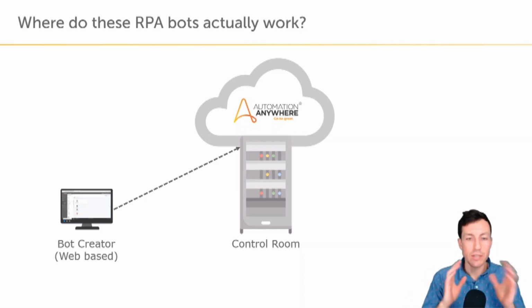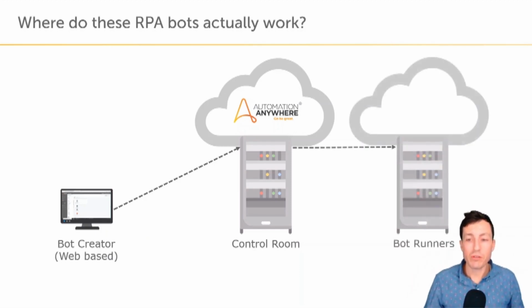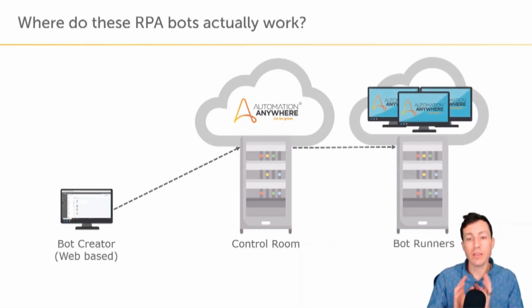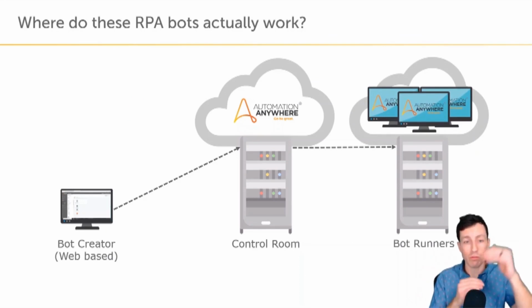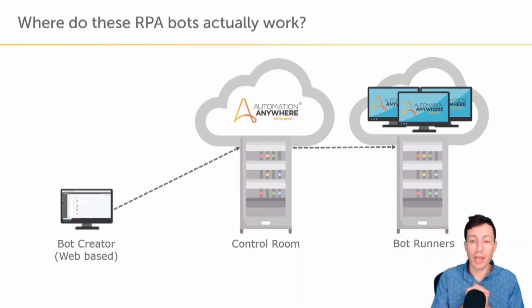Those bots would technically be uploaded and live on our control room. From the control room, we can engage to send those bots to our different bot runners. Now, a bot runner is where the RPA code is actually going to execute. So when we think back of that example with a room full of robots sitting and typing, what's really happening is we have these virtual desktops or virtual machines that are living either on the cloud or on a server, where they're automating all of these tasks, and maybe at the end of their task they send an email.